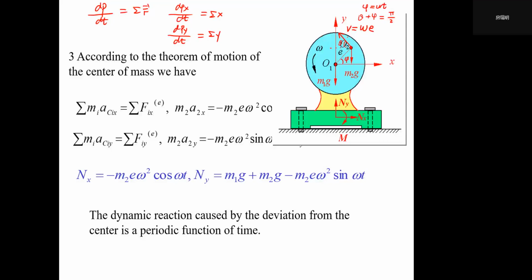So along this direction, our P equals mv, which equals m omega e. So actually we can find P equals m omega e.